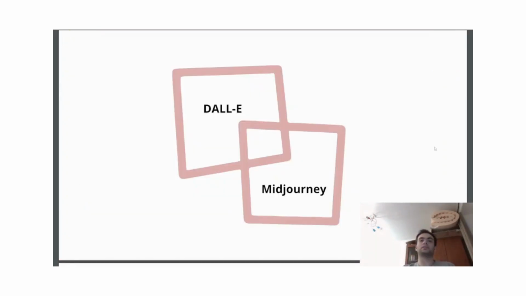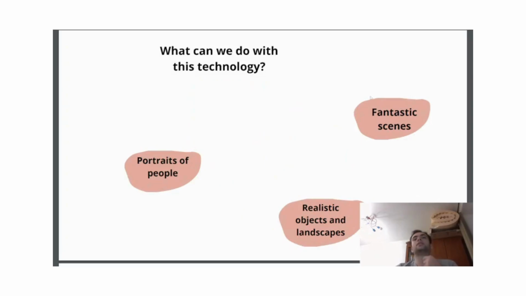Two main models that use diffusion models are DALL-E and Midjourney. We will see how they work later. And by the technology we can make a lot of stuff. It can be portraits of people, realistic objects, and some fantastic scenes.